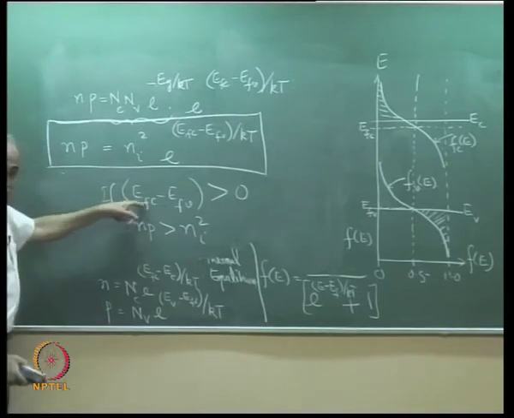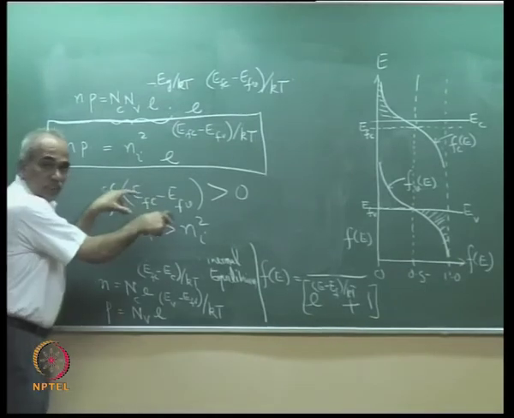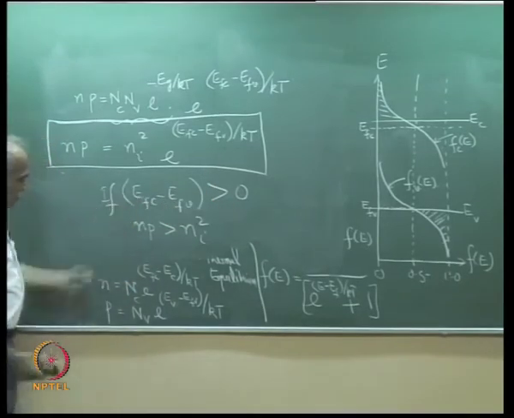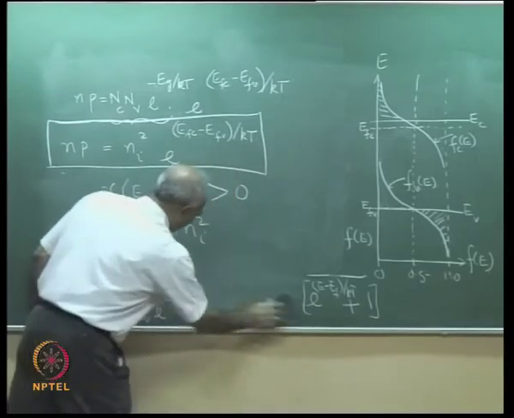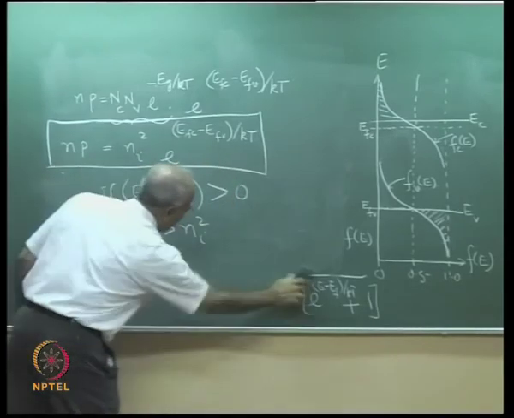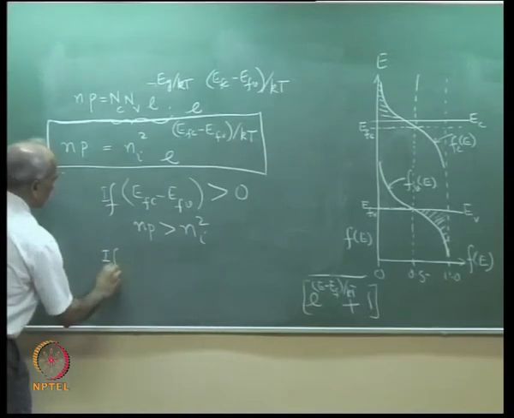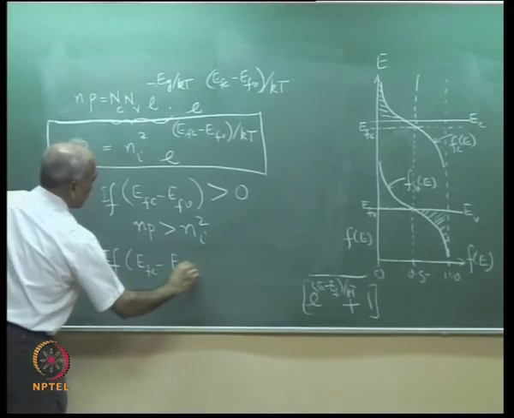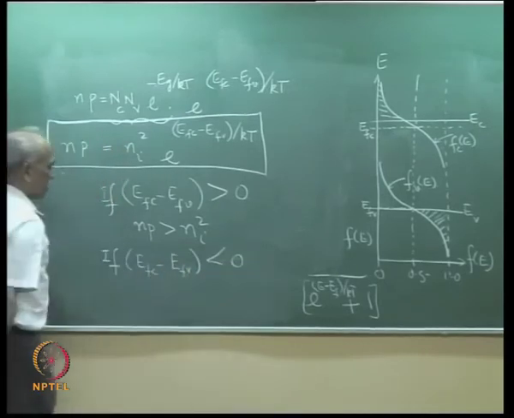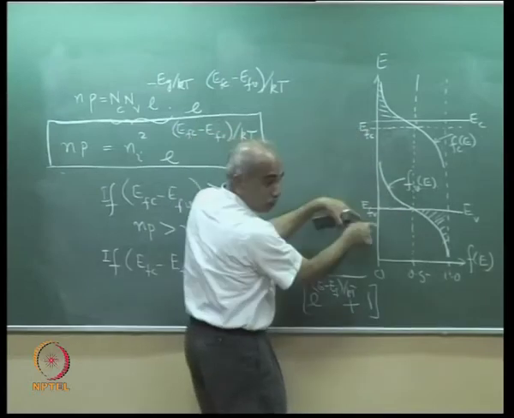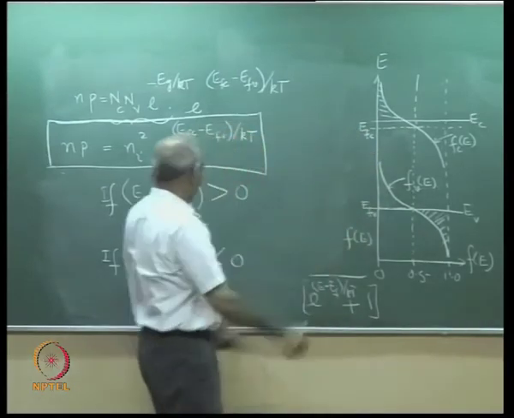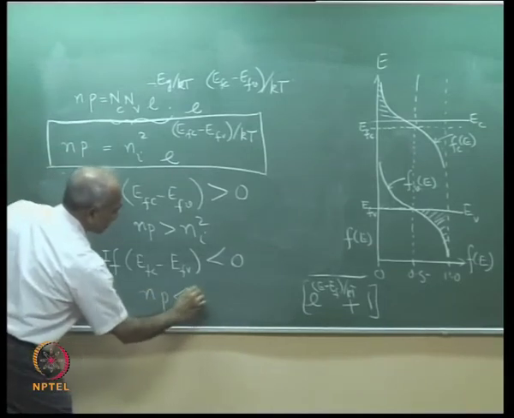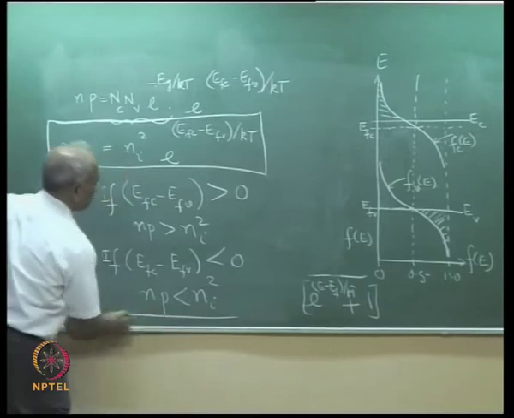And if this is less than 0, when will this be greater than 0? When will this be less than 0? I will show you with the p-n junction now. But if EFC minus EFV is less than 0, that means EFC is below EFV, then we have NP less than Ni square.